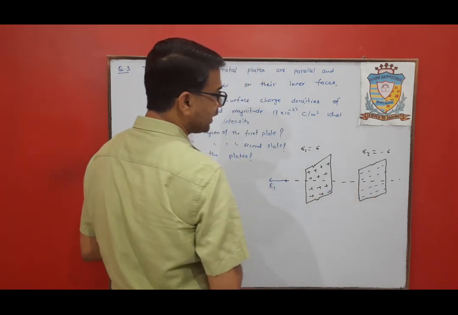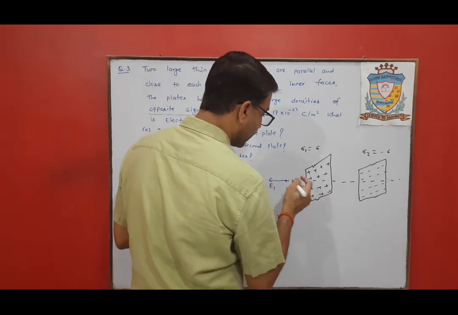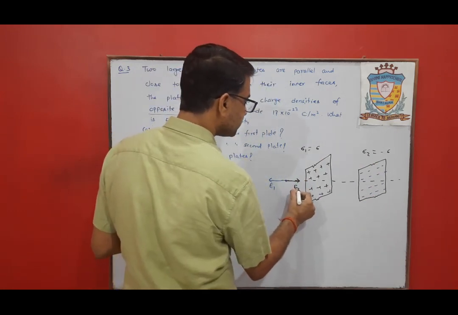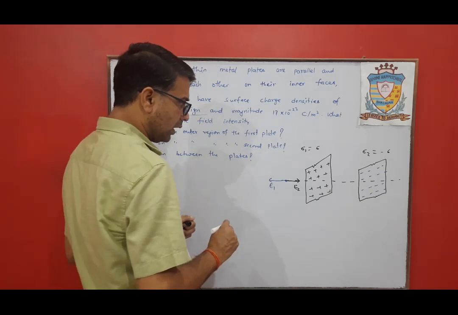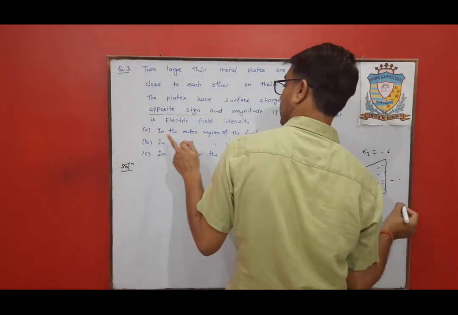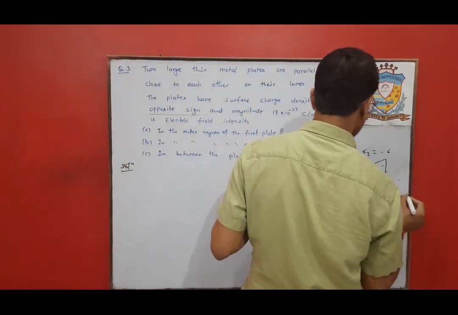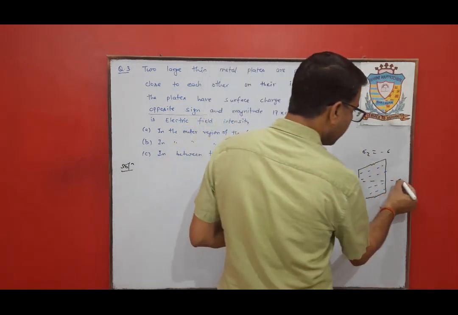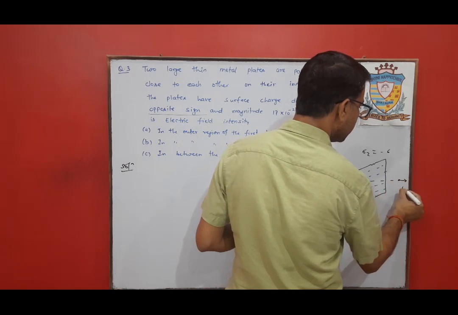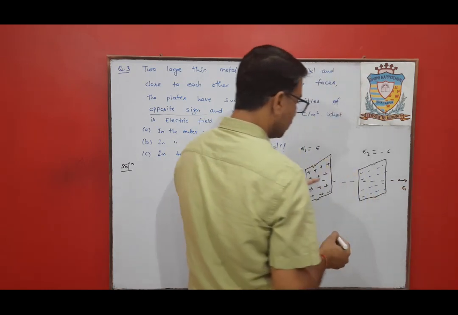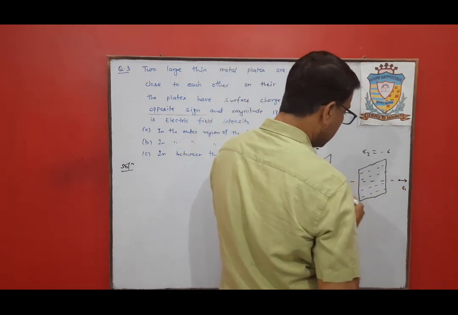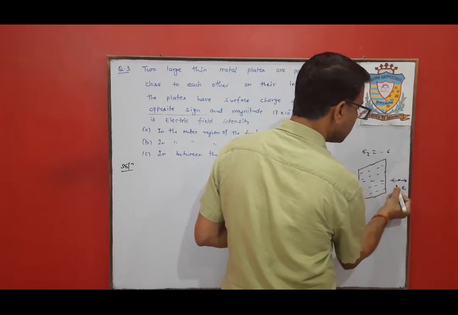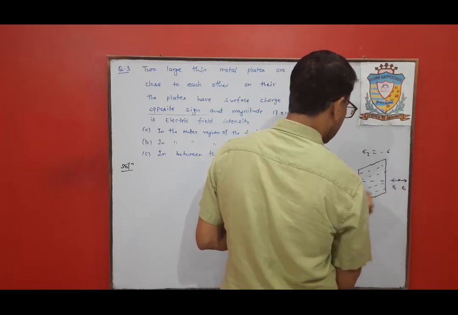What is the electric field intensity due to 2? This is inward, means here, E2. Here in the outer region of the second plate, means at this point, again due to the first plate this will be outward, and due to the second plate, the negative plate, this will be inward.